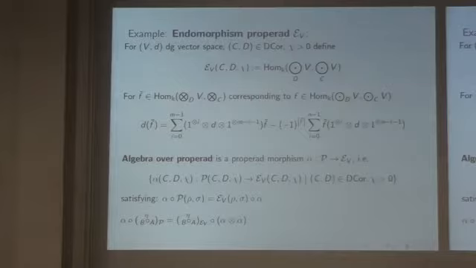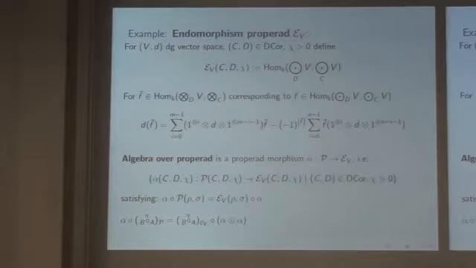The example which we will use next is the endomorphism properad, where each component is given as homomorphisms, where this symbol stands for the unordered tensor product. If you take a general set, you don't have some ordering. And this time you have some non-trivial differential, which is given by the differential of the original vector space.